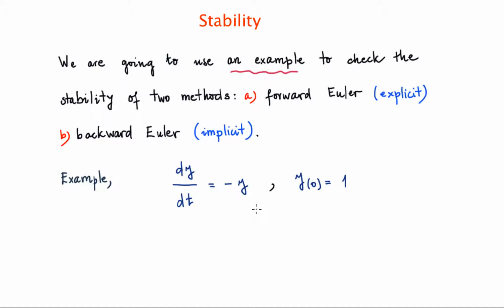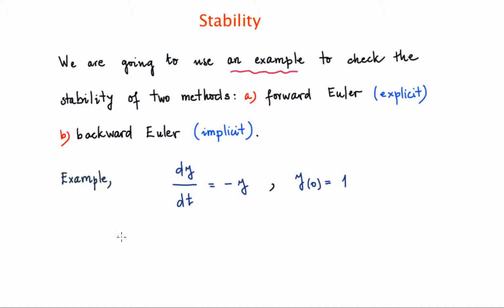As this is so simple, we are going to first analyze it analytically, so that when comparing with the numerical method, we can see more easily if the numerical method goes in the right direction or in the wrong direction. Here we can use the variable separation method.